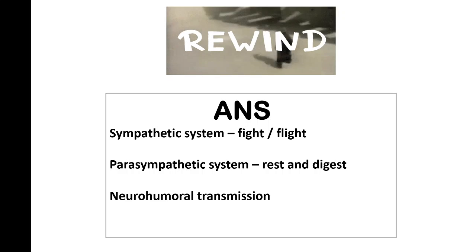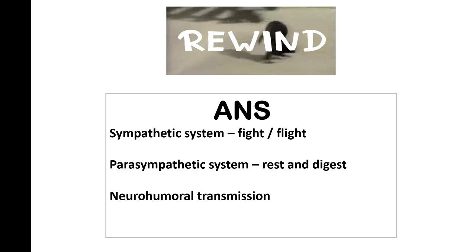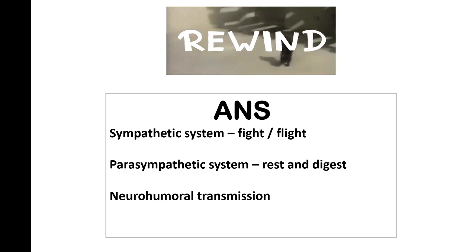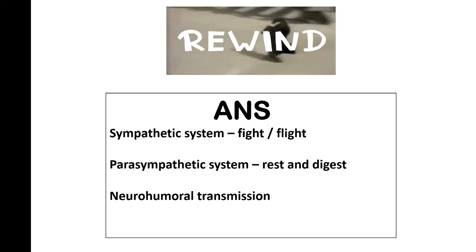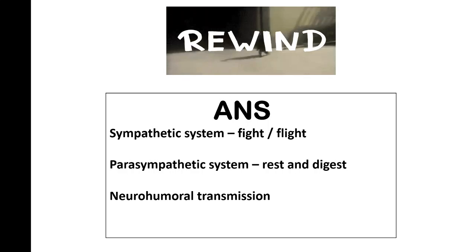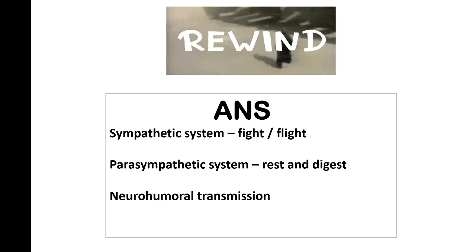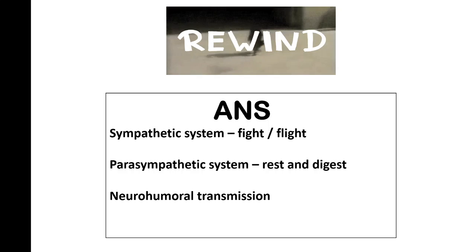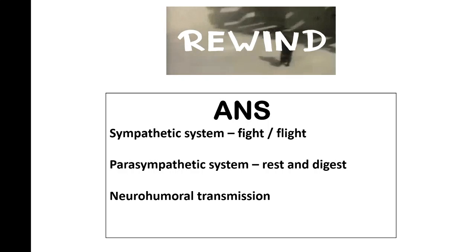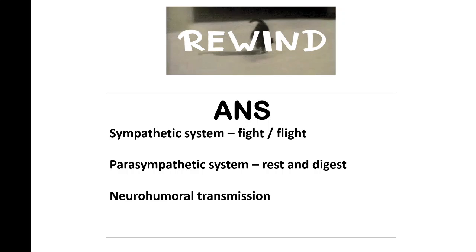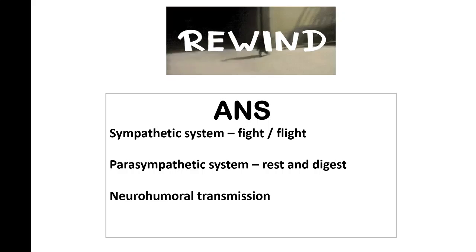Neurotransmitters are stored in vesicles. Upon arrival of an impulse, these neurotransmitters are released. After they act on the receptor, there will be some action on the organ and then termination of action. In the sympathetic system, noradrenaline travels back to the nerve ending by a transporter. So that is the termination of action. In the parasympathetic system, acetylcholine is destroyed by the cholinesterase enzyme.